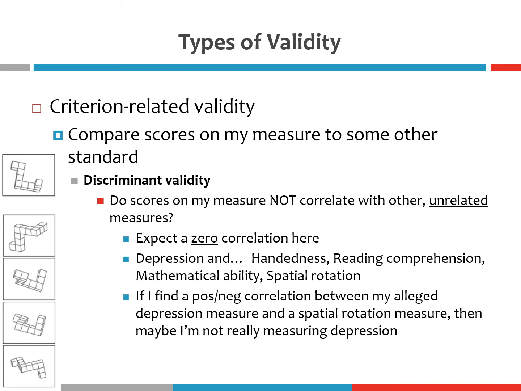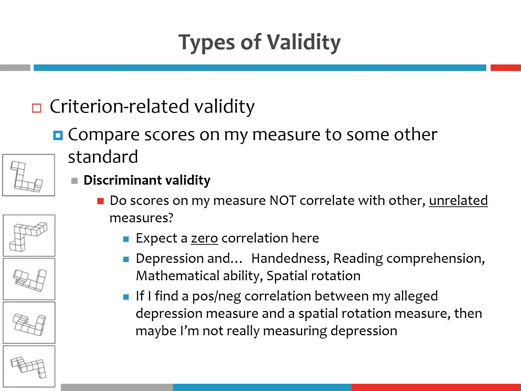And with concurrent validity, we would expect a positive correlation between our depression score and some established depression questionnaire score, like the Beck Depression Inventory, for example.